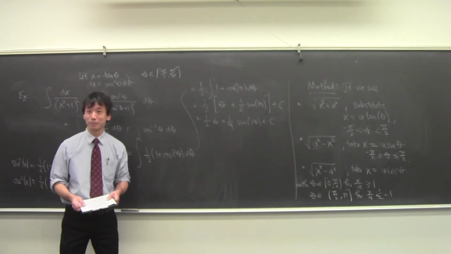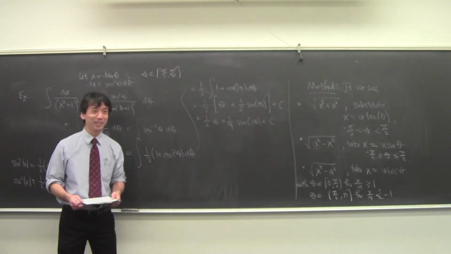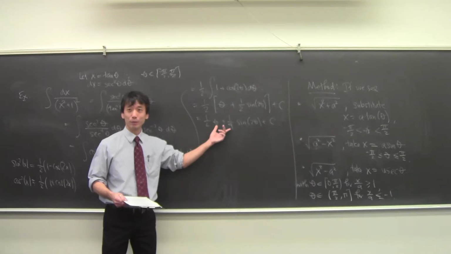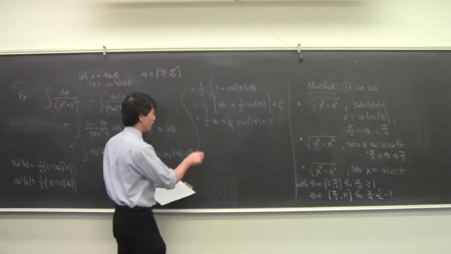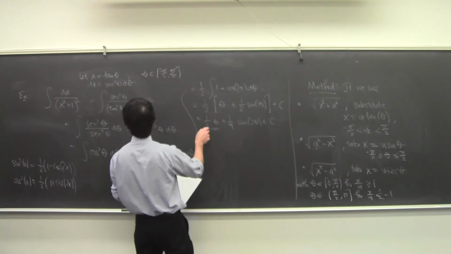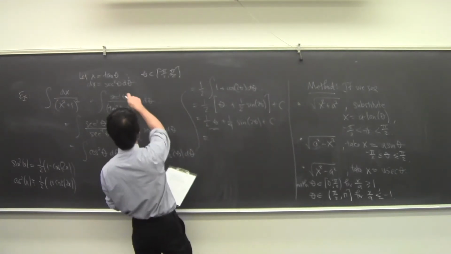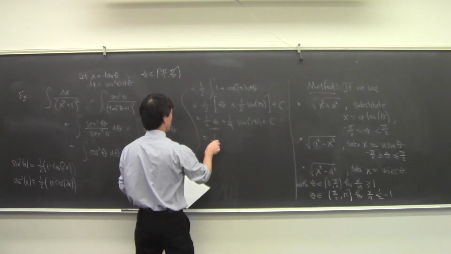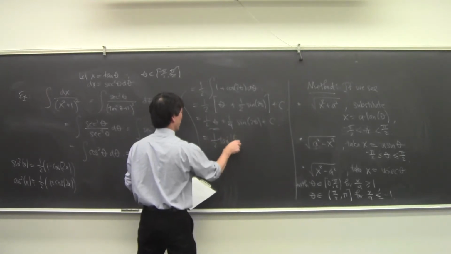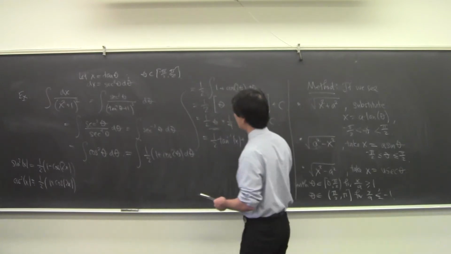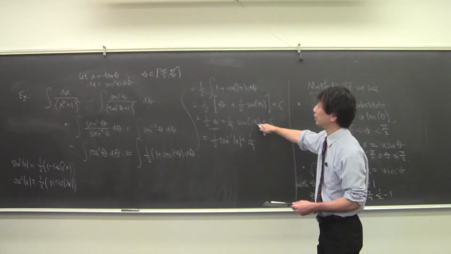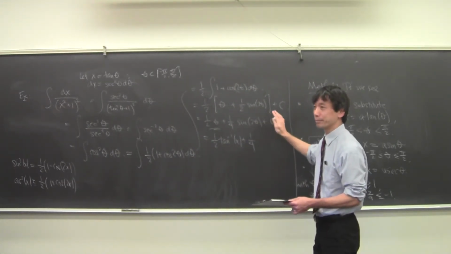Okay. And you think you're done, but you're still not done, because we have to switch this back to the original variable, x, right? So what's theta? Arctan. So you get 1/2 arctan x plus 1/4 of sine of 2 arctan x.